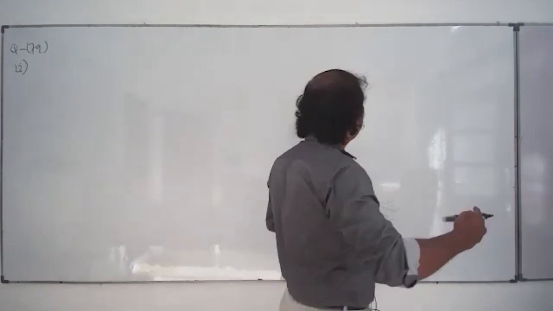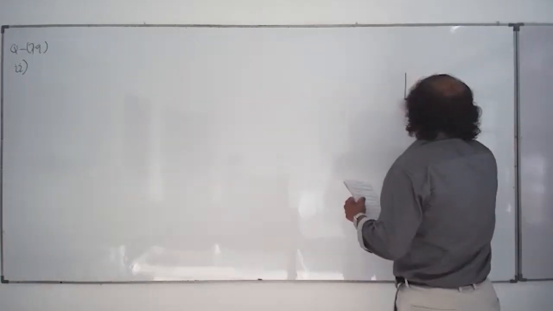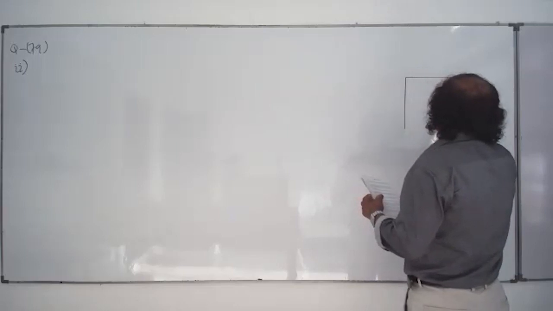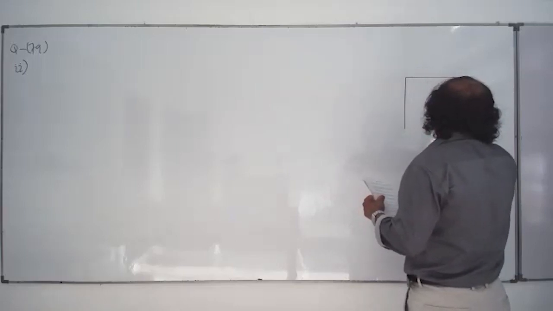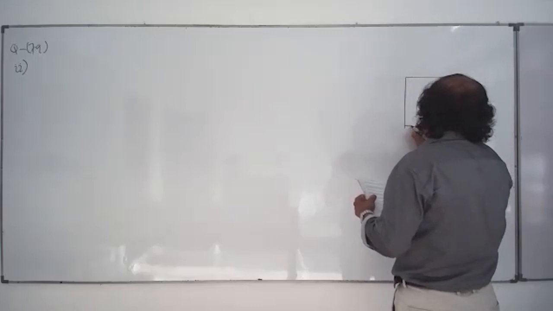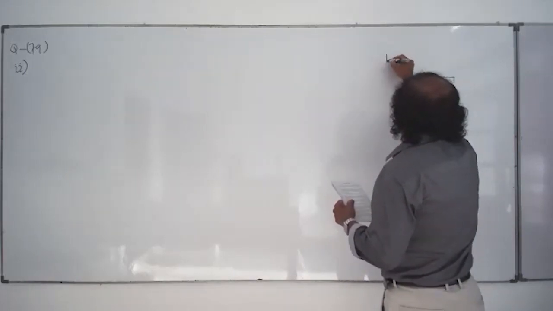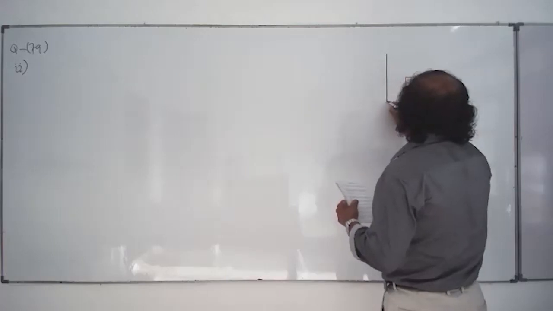Right. Now suppose here we have a cube. Cube means, people, what? All three, length, width and height, being equal. That is called the cube. Like this.